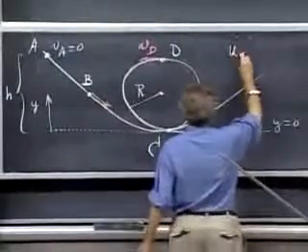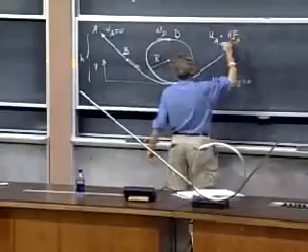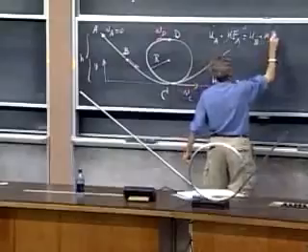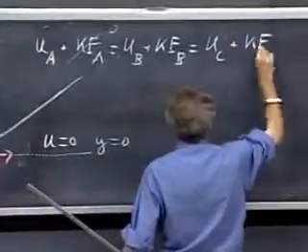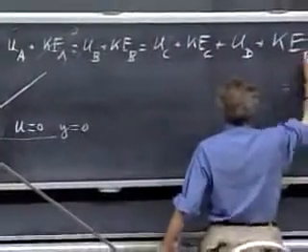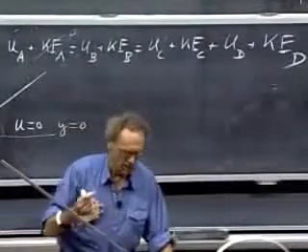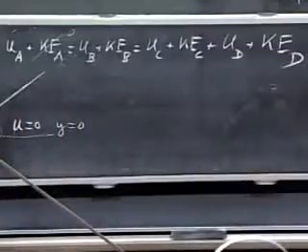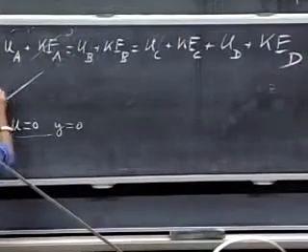So I know that U at A plus the kinetic energy at A, which is 0, must be U at B plus kinetic energy at B, must be U at C plus kinetic energy at C, must be U at D plus kinetic energy at D. If there is no friction, if there are no other forces, only gravity, so no energy is lost in terms of friction. We know that this height difference is 2r.